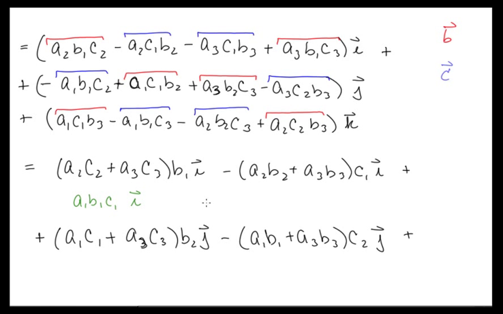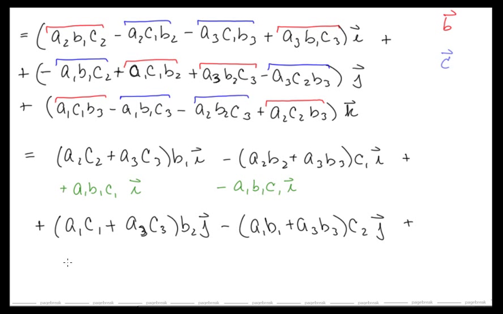And then I also need to subtract it out. I need the same term here. I don't have an A1, B1 to go with my C1 I here. So I need an A1, B1, C1 I that I'm subtracting out. Similarly, for the second component, we need an A2, B2, C2 j, and to subtract out the same term here, A2, B2, C2 j.